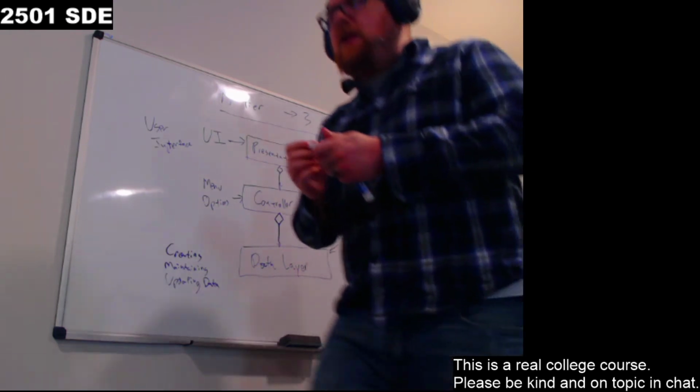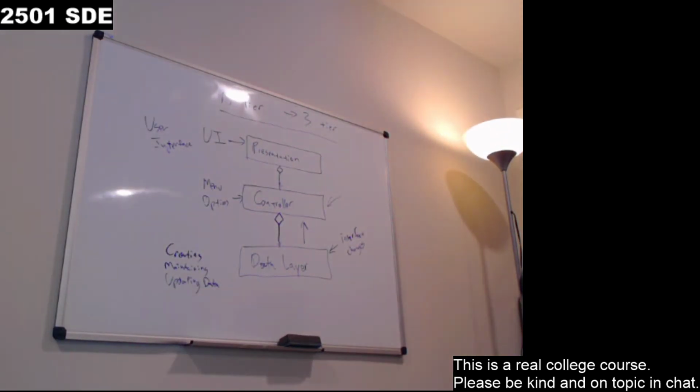For example, what if the data source I'm using is selected by the user? So maybe now the user needs to change something, like if choice equals 5, something like string source equals get new source.